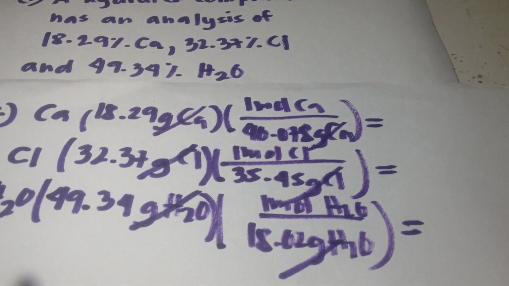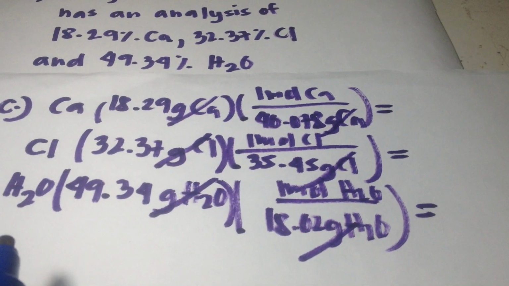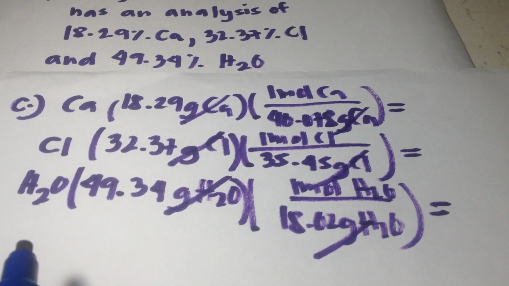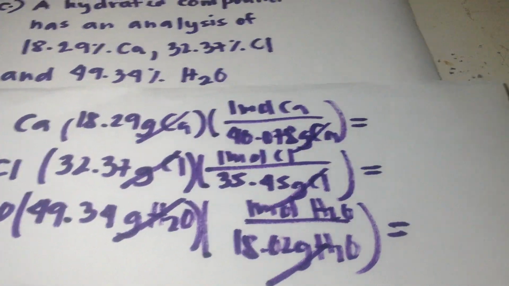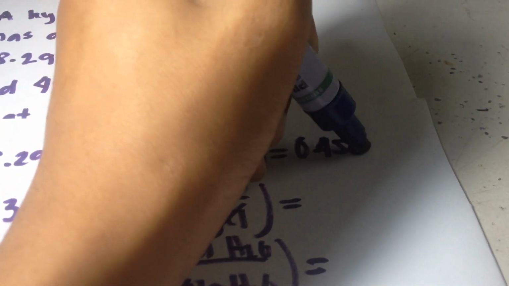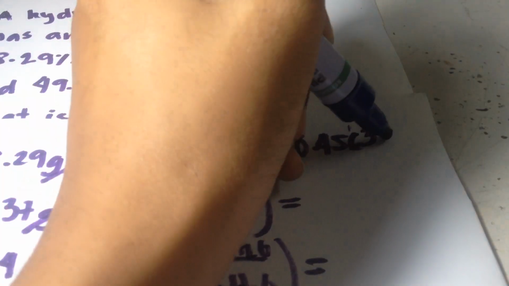So 18.29 divided by 40.078 is equal to 0.4563 moles of calcium.